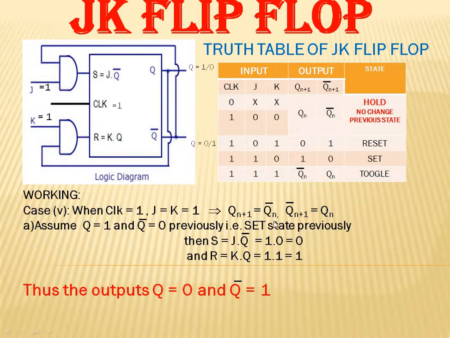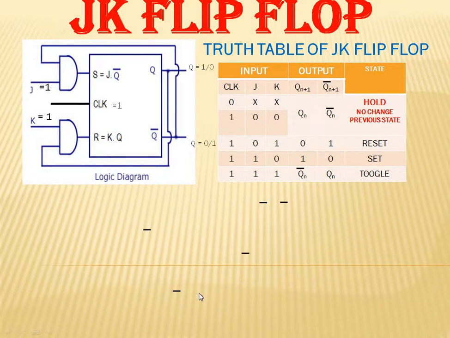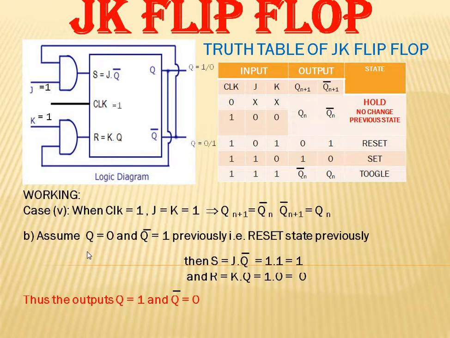Earlier it was a set state, it has become a reset state. Whereas in the second condition, when previous state is a reset state, that is Q is equal to 0, Q bar is equal to 1, S becomes 1 and R becomes 0 with the data given to the equation. Hence it is a set state. So Q becomes 1 and Q bar is equal to 0.